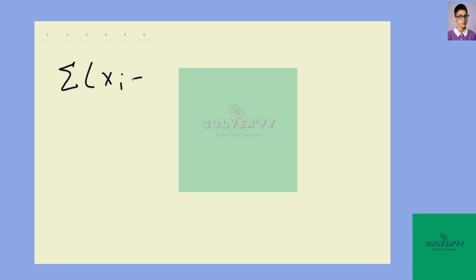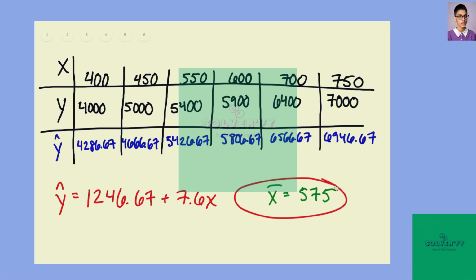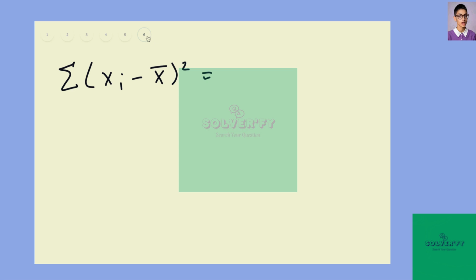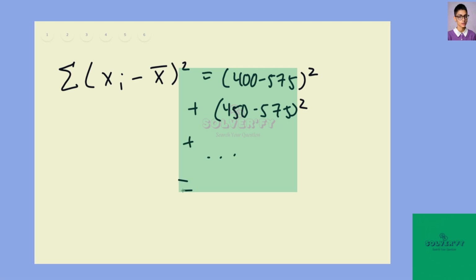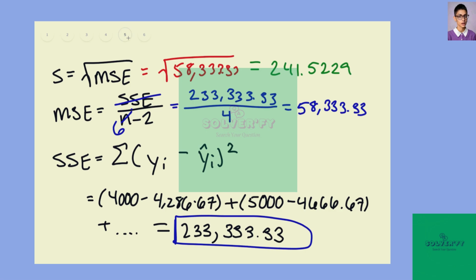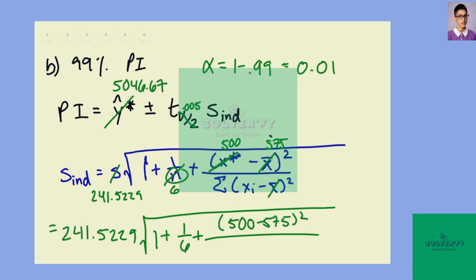The sum of each of the individual x values minus the mean of x, squared. Since our x bar is 575, this would be 400 minus 575 squared, plus 450 minus 575 squared, and so on until we get to the end of our data set. We get a sum of squared differences equaling 93,750.